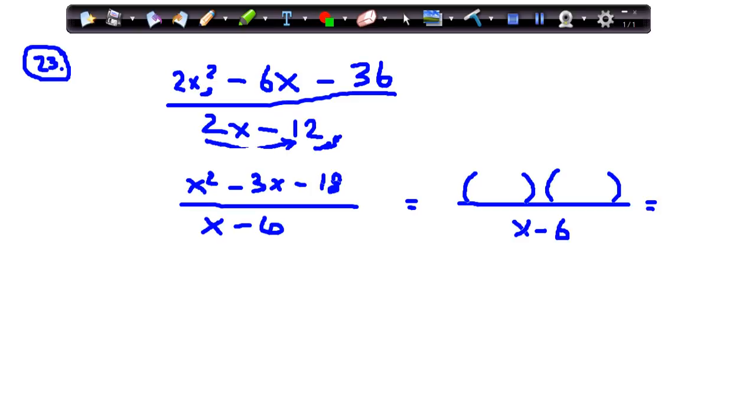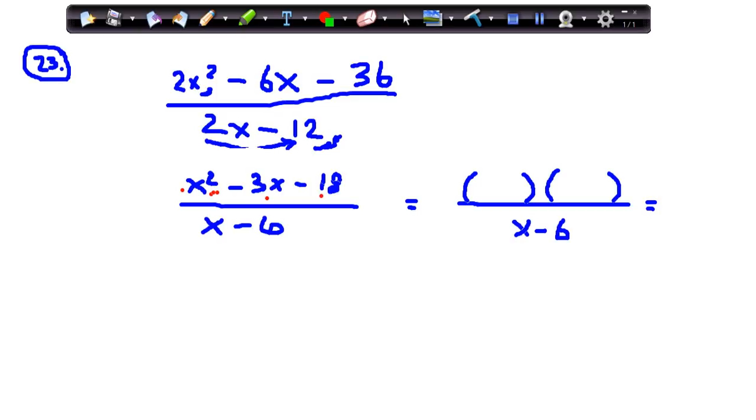What we're trying to do is factor the top portion of the division, which is the numerator. We're factoring these terms. In other words, what makes up an x squared? When you have an exponent of 2, that means something times itself, x times x.